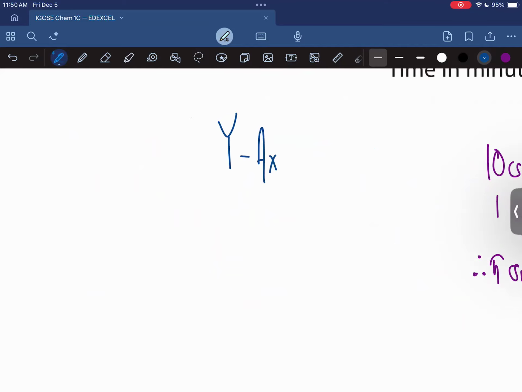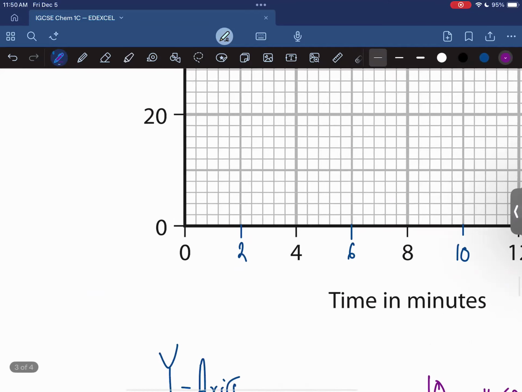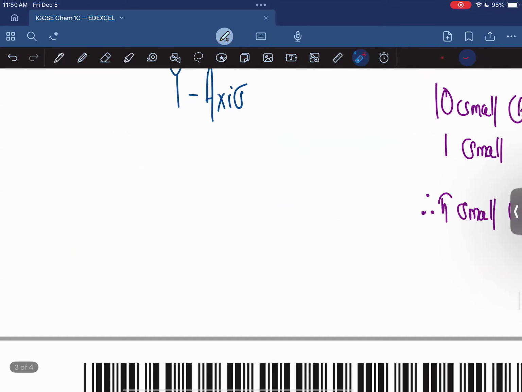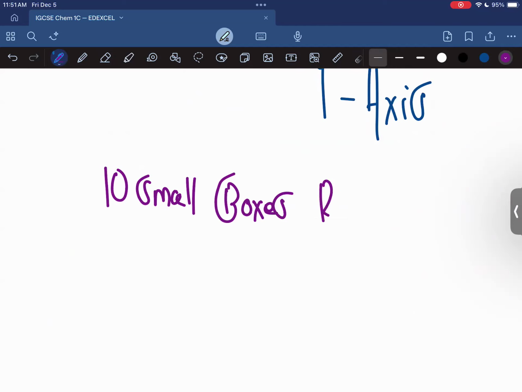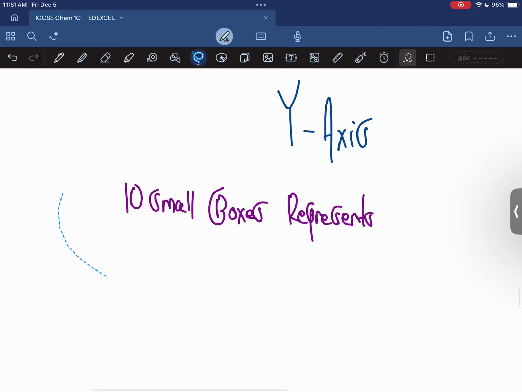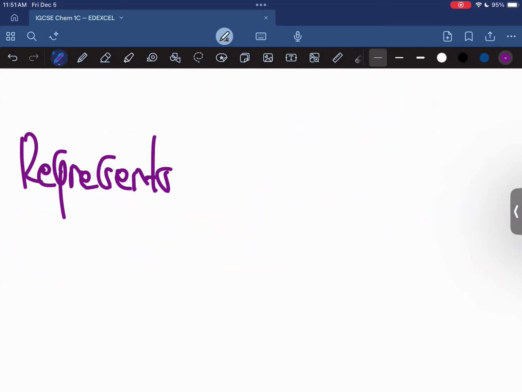I know that 5, 5, so 10 small boxes represent 20. 10 small boxes represent a value of 20.